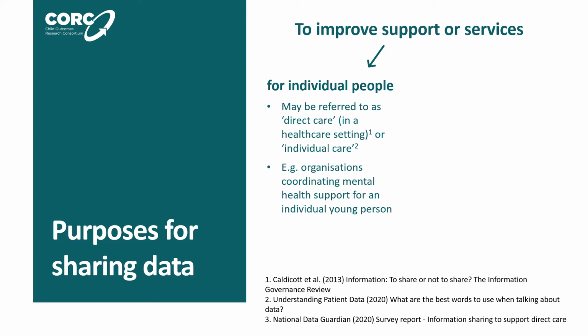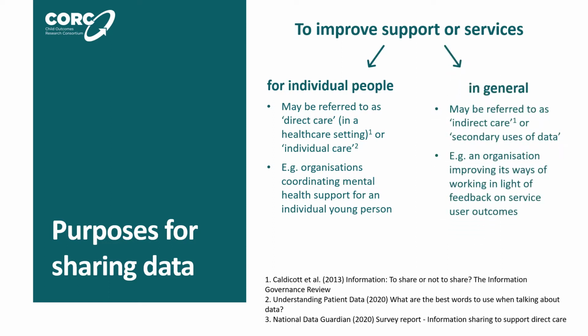When data are used for the benefit of people in general, the data will be used to support improvements in support or services for groups of people, such as the users of a service or the population of a geographical area. This type of purpose may be referred to as indirect care, secondary uses of data, or using data to improve health care and services through research and planning.